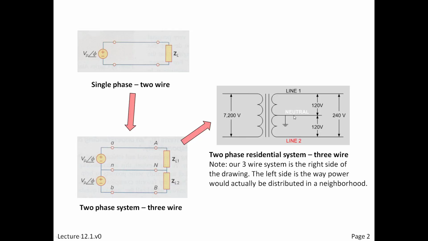You might intuit that because from line 1 to line 2 there would be no phase difference, except if I tap it in the middle and call that ground. Then I look this way. This would be positive with respect to that ground, and in line 1, this would be positive with respect to that ground. So the net of that would be two voltages, and if this is in the middle, like it always is, two voltages of equal magnitude but 180 degrees out of phase. And that's what you have.